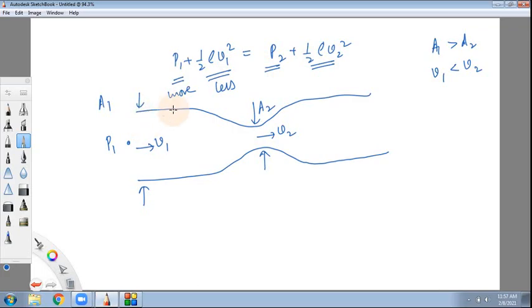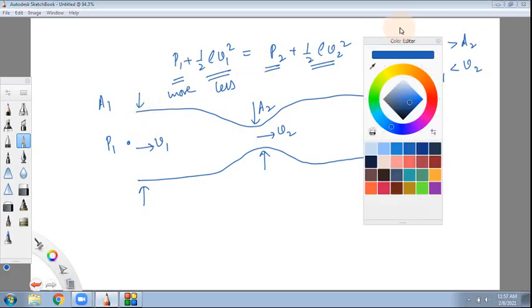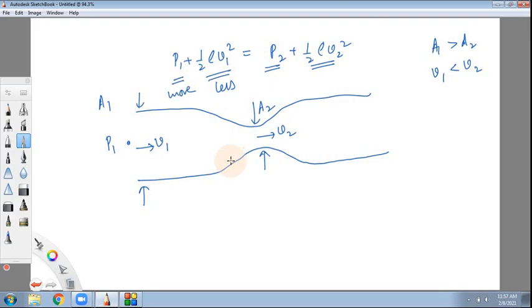And how do you measure these pressures? If I show an extra construction for you, maybe you can have here a manometer. What is a manometer? A U-tube basically. So I have got a tube which is something like this. Let me try to draw it better.